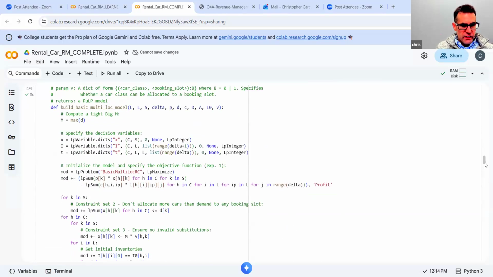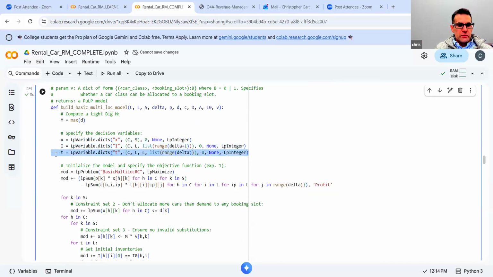Okay, so as we look at this in the complete notebook, this is going to show essentially the answers, if you will. All I'm doing is creating an LpVariable.dicts object here, a dictionary of T variables indexed over C, L, L, and then the values 0 up to delta minus 1.